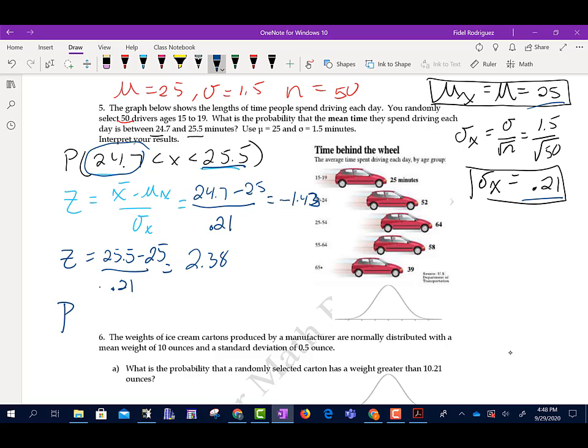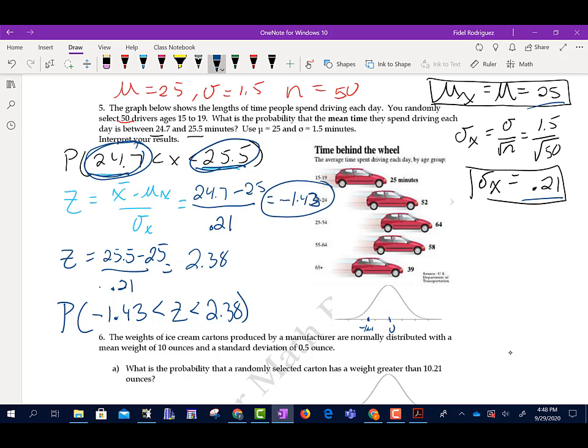Okay, so what does this mean now? We've converted these x values to z-scores. So that's saying that the probability is going to be between negative 1.43 and 2.38. Okay, so remember, this is 0, negative 1.43 and 2.38. We're looking for the area in that curve right there.